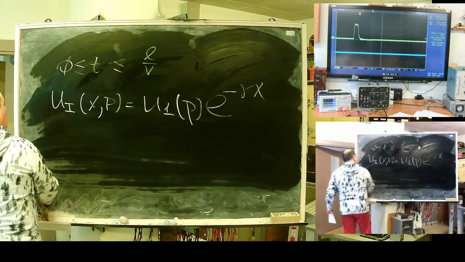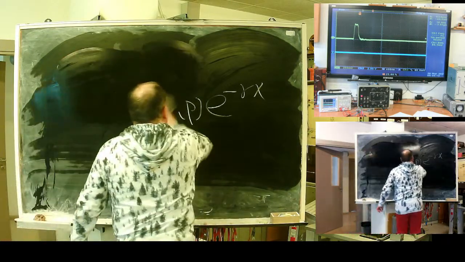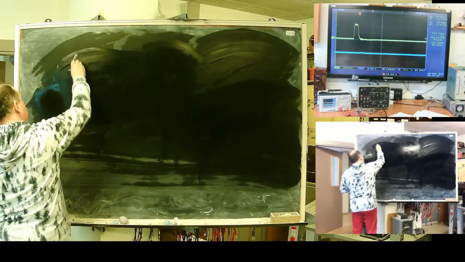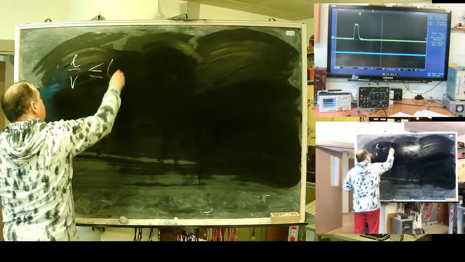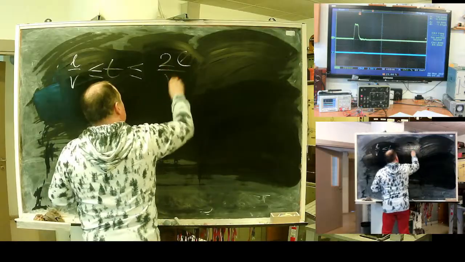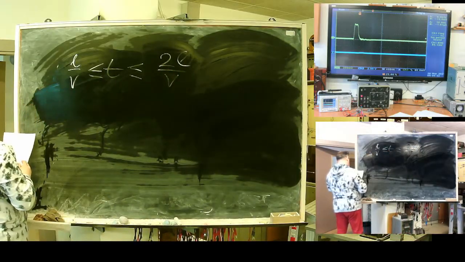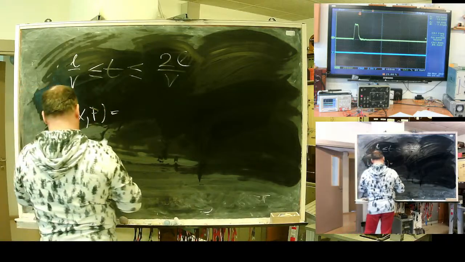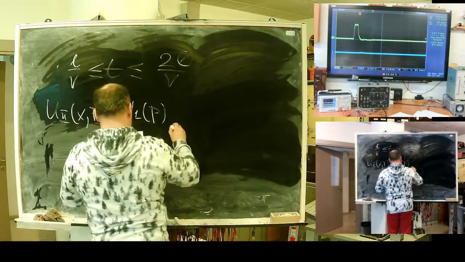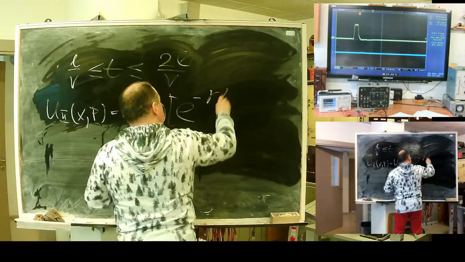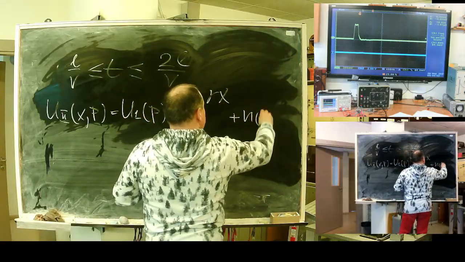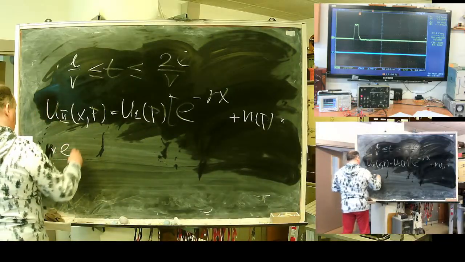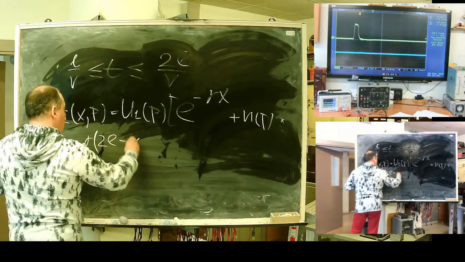Then it reflects from the end of the line, double A divided by V. It goes backward and we see this, multiplied by A power minus propagation factor x plus reflection factor at the end of the line multiplied by A power minus gamma double A minus x.